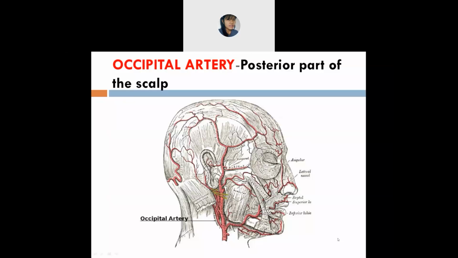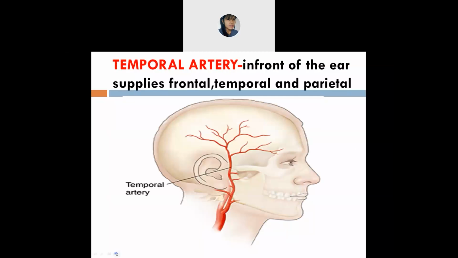Yes, ma'am. Okay, Jem Lulu, can you tell me where the temporal arteries pass, or where they supply? Temporal. Do you know the answer? No, ma'am.